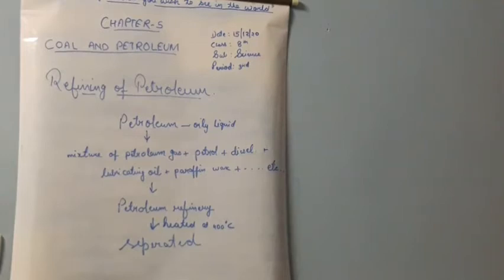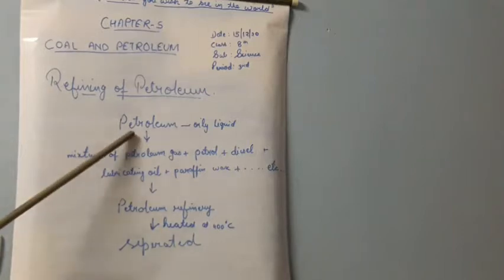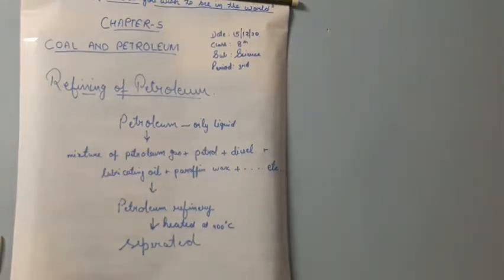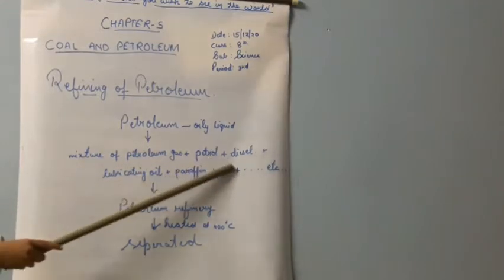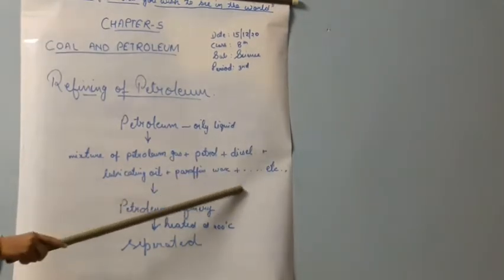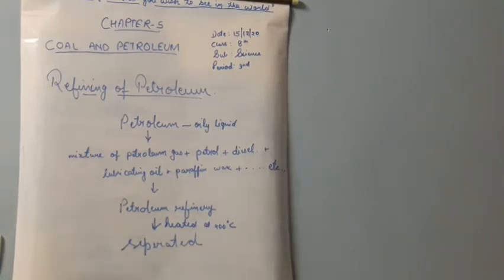In the process of refining, as we all know, petroleum is an oily liquid and has a very strong smell, and we have also learned that it is a mixture of various constituents like petroleum gas, petrol, diesel, lubricating oil, paraffin wax, etc. We have to separate those mixtures, because whether it is petrol, diesel, lubricating oil, or any other constituent, we need each one for many purposes.